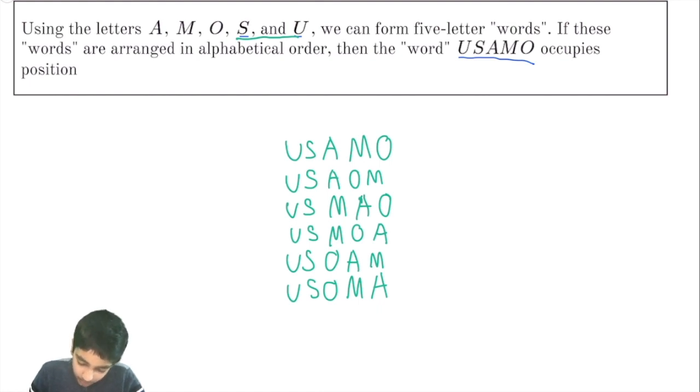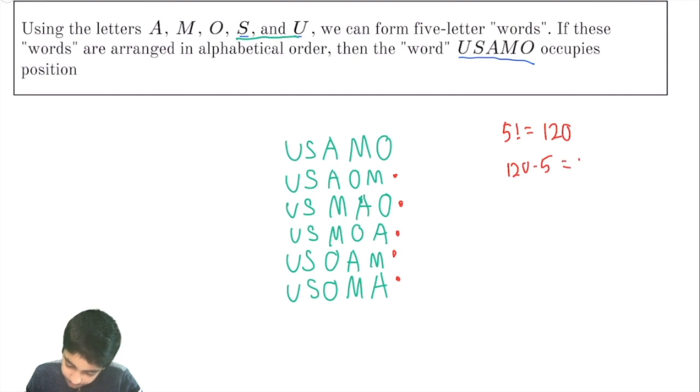As you can see here, there are 5 orderings that are after USAMO. And there's a total of 5 factorial equal to 120 total orderings. So that means USAMO will occupy position 120 minus 5 equals 115.